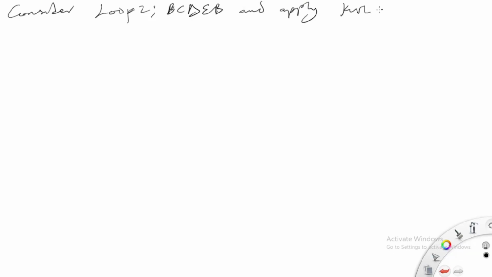Let's now consider loop 2, which is B, C, D, E, B, and apply KVL in a clockwise direction.